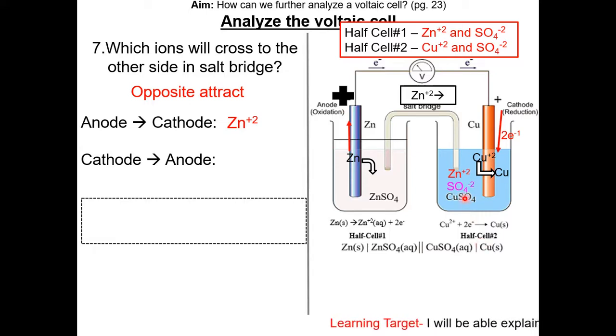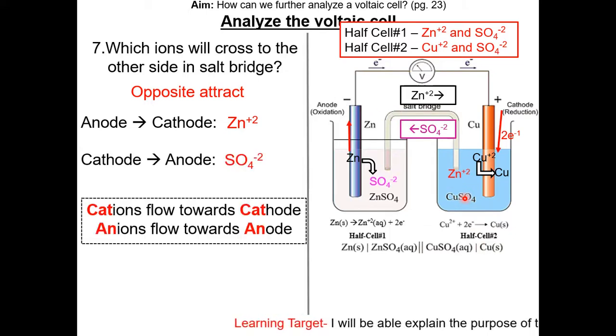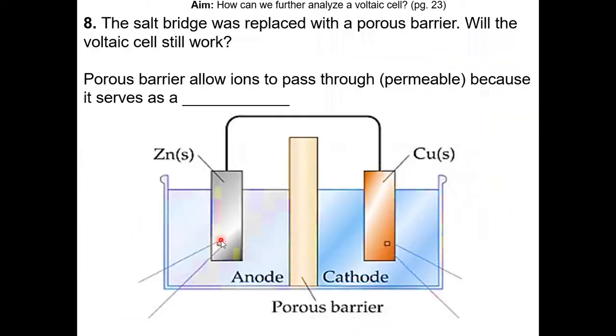The negative ion is sulfate. So in summary, cations, which are positive ions, flow towards the cathode. Anions, which are negative ions, flow towards the anode. Use the catchphrase to help you memorize this.